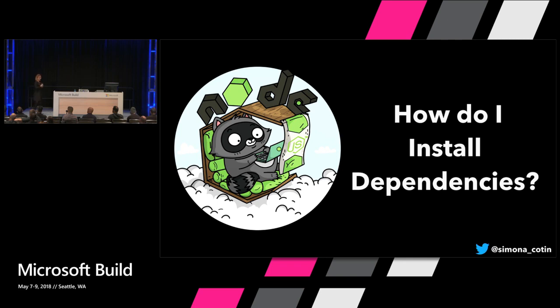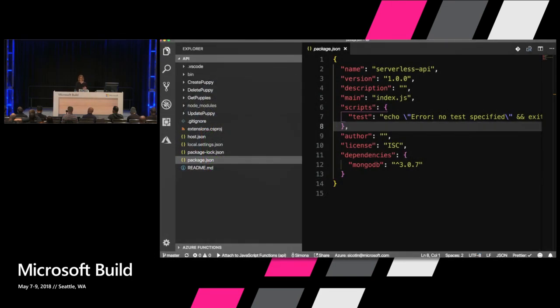Installing an NPM dependency in serverless is as simple as that. The powerful thing is that we're going to be able to use all the Node.js node modules in all of our functions.